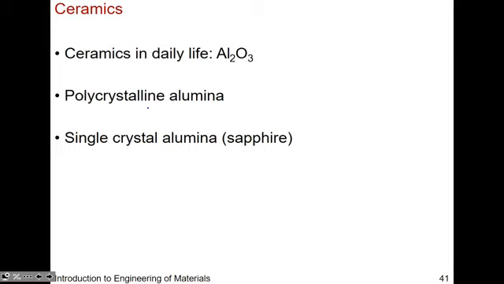It's a great refractory material for absorbing heat. If you work in, say, a lab that uses a lot of furnaces, sometimes you just see blocks of alumina to put your hot samples on, things like that. You could also use it in lasers to control the path of light. And so there, we're talking about single crystal alumina. We refer to it as sapphire.